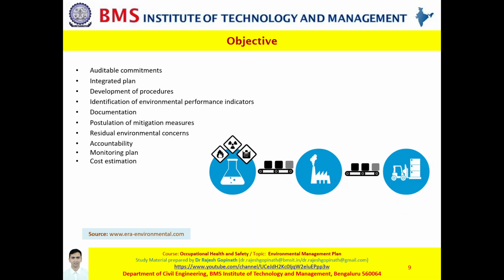So these are a few of the objectives of environmental management plan, wherein by default, when you conserve nature, when you protect the environment, inadvertently, you also would be focusing upon the safety of the workers.